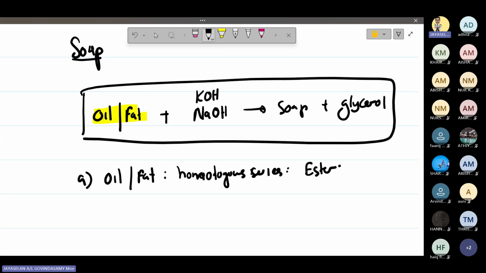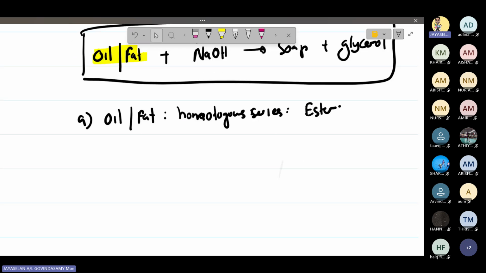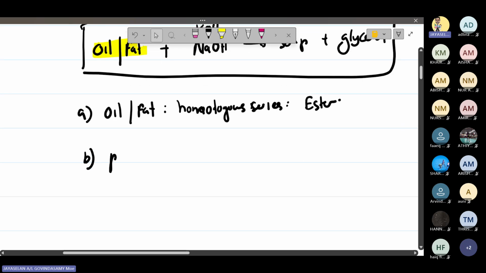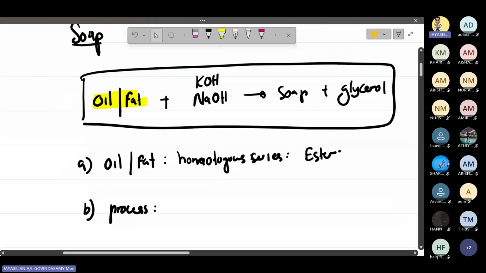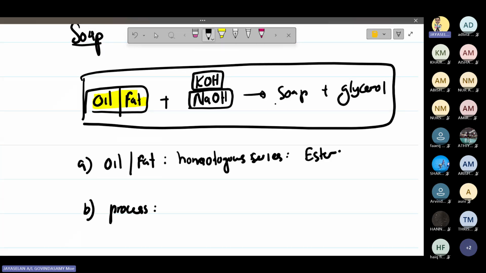In oil and fat we have triglyceride, and triglyceride is known as ester. Oil and fat are saturated and unsaturated fats, which we will learn later. Number 2, what is the name of the process when you see oil or fat with potassium hydroxide or sodium hydroxide giving soap and glycerol?